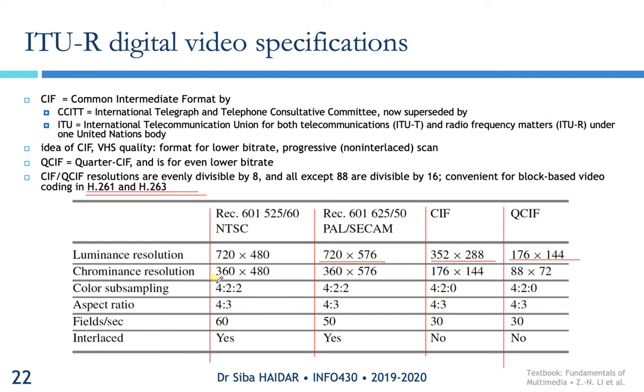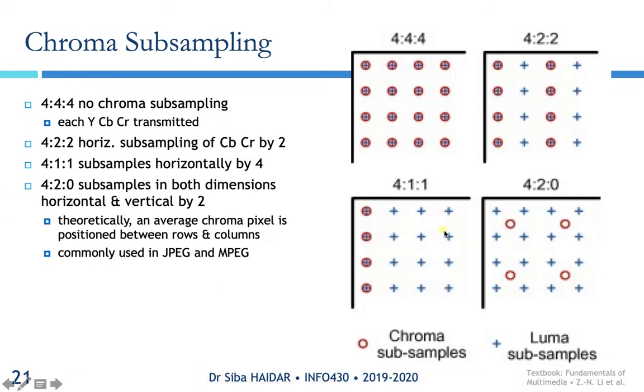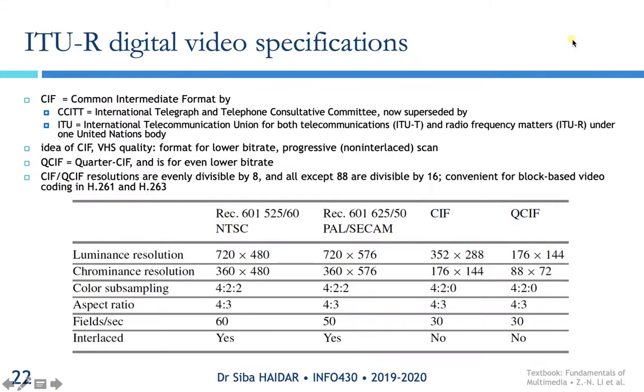Now you can understand that because of the 422 subsampling, the chrominance resolution is half. It is half in width, but the number of lines are the same.